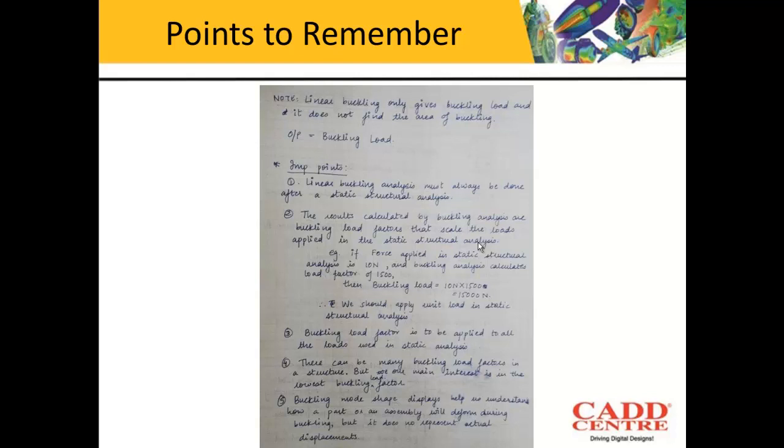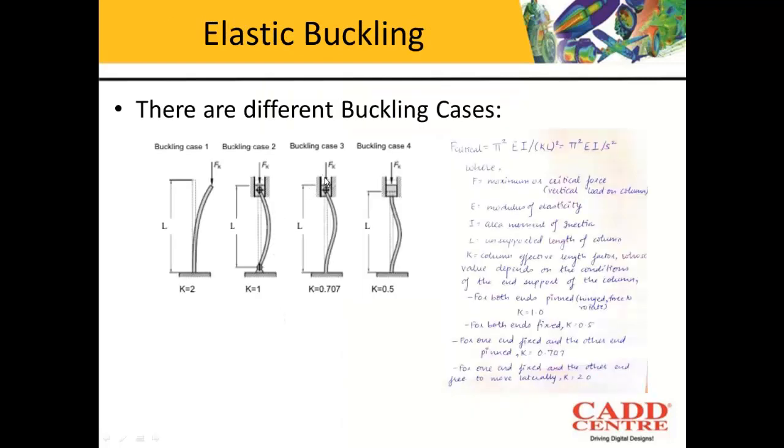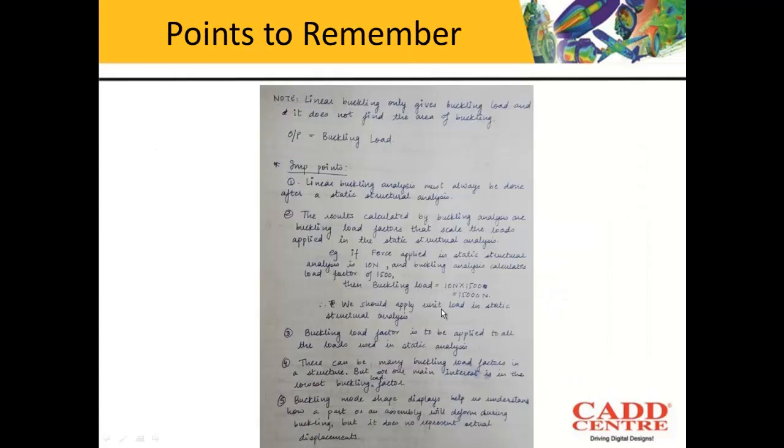For example, assume that in the beam the force applied in the static structural analysis is 10 Newtons, and after performing the buckling analysis you get the load factor as 1500.